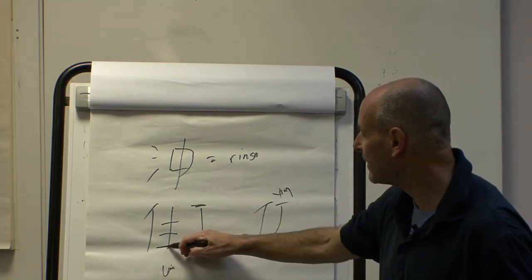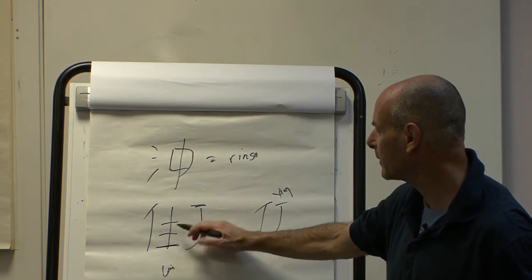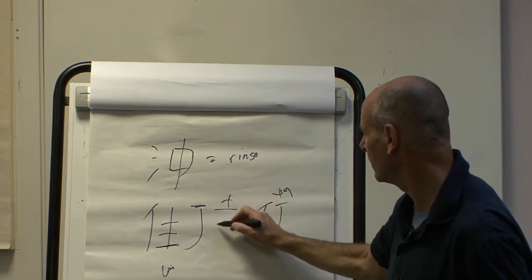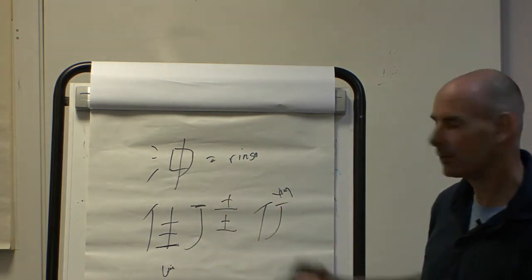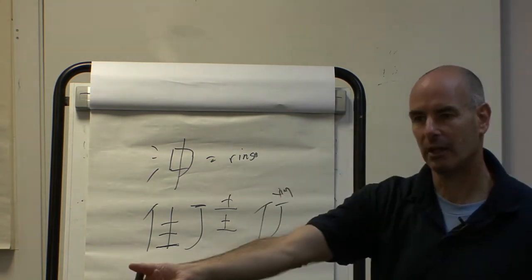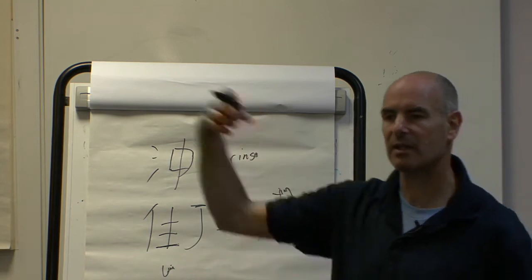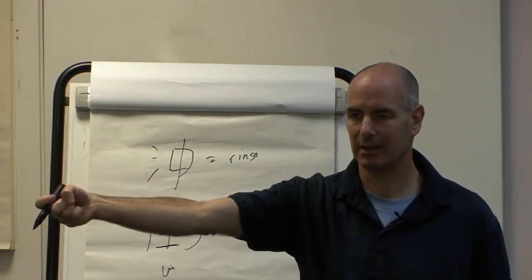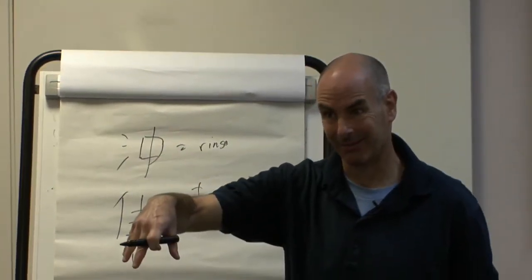This is the way they analyze this character: they say it's two earths. This is somebody conferring authority in feudal times, giving somebody the authority to work this piece of land.